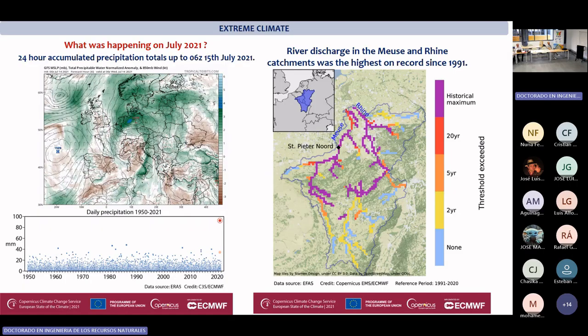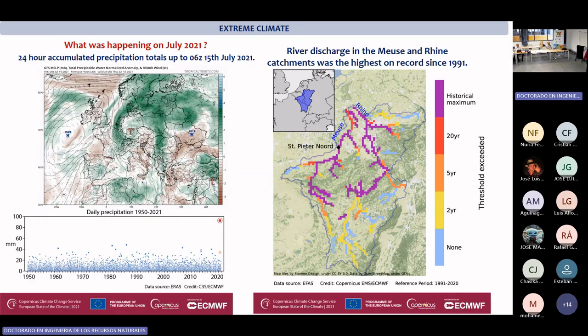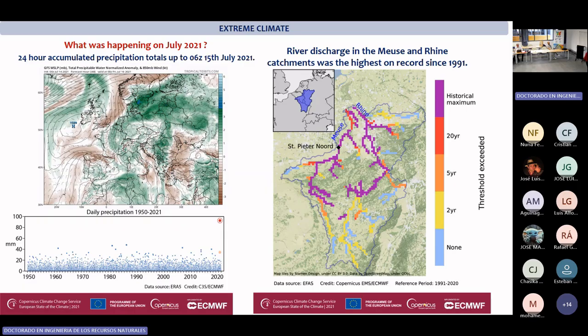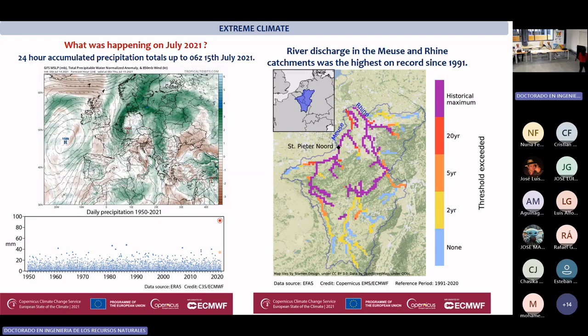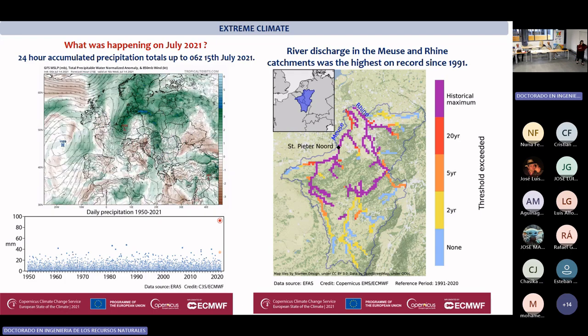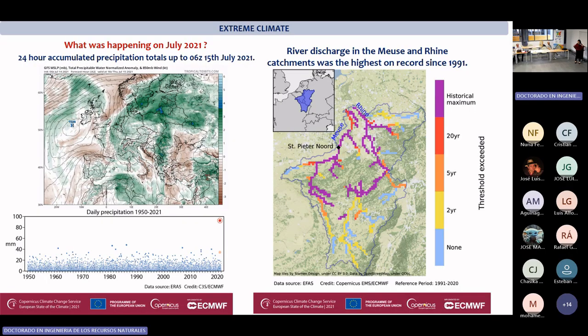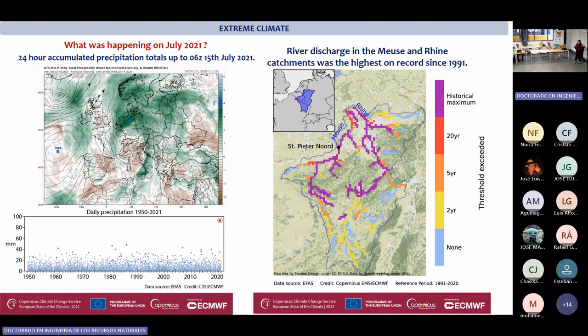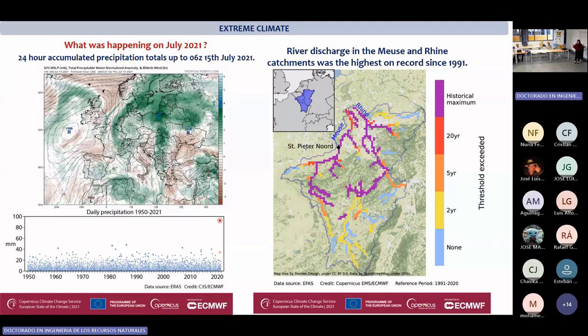You see the red points here, in 2021, which are very unusual values. And all these activities affected the discharge in the watershed.